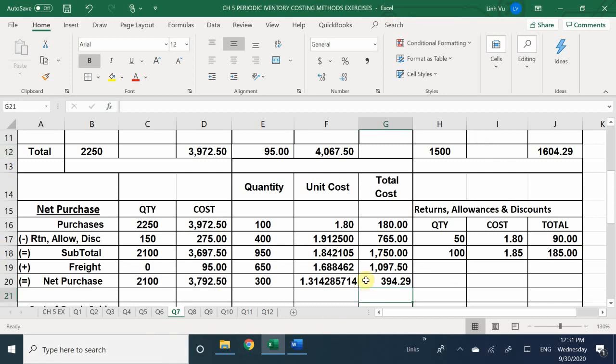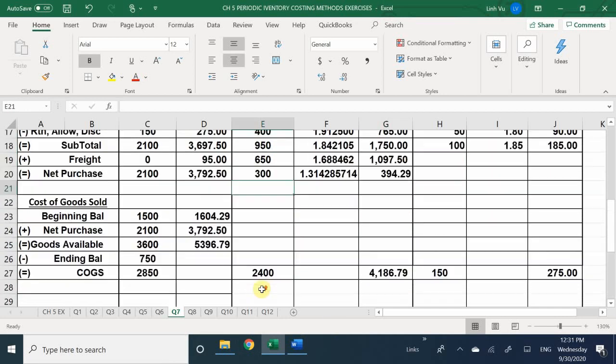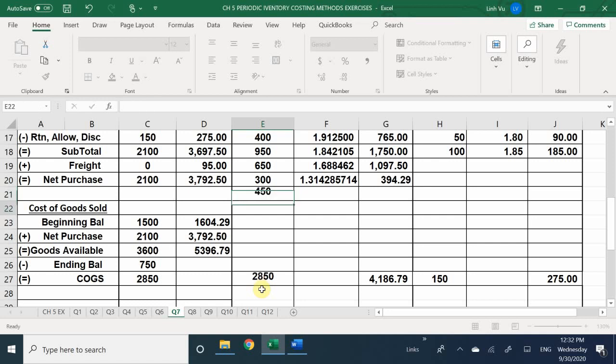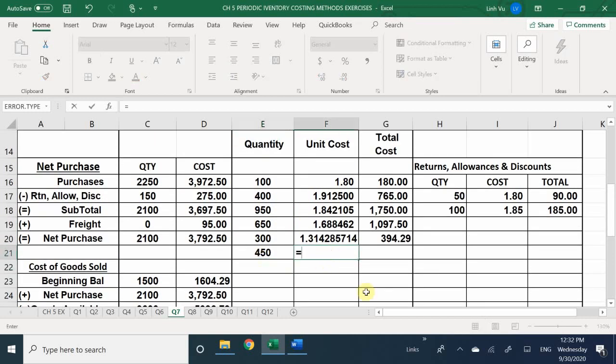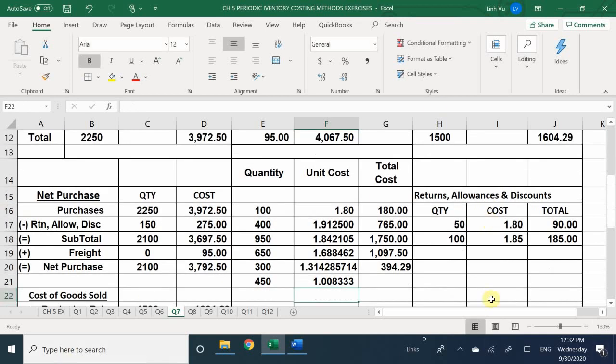$394.29. Okay. From here, now we are down to $2,400, but we need to sell the $2,850 minus the $2,400 to give us a grand total that we need to sell of $450. Okay, $450 from our top of the batch up here, which is already adjusted. We're going to take this and bring it down.